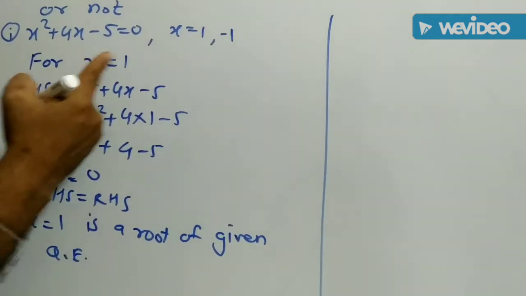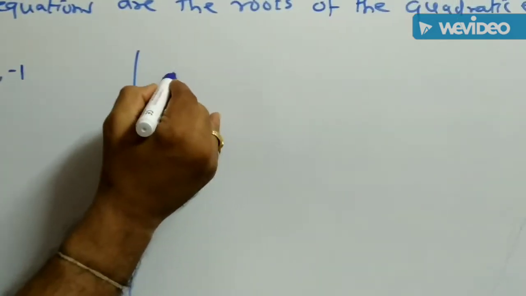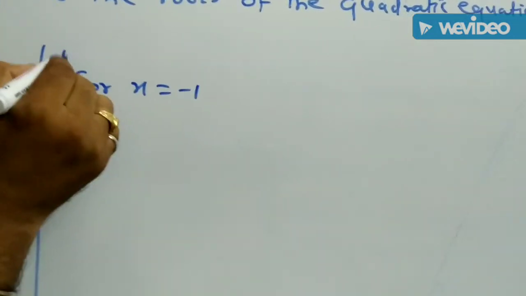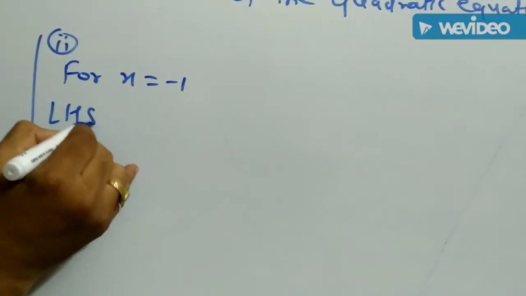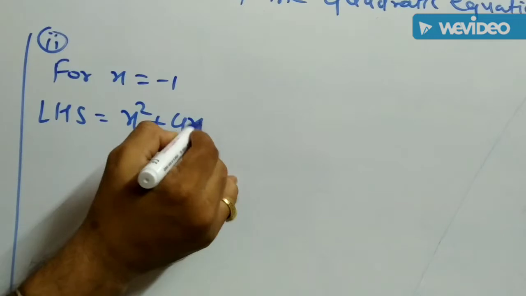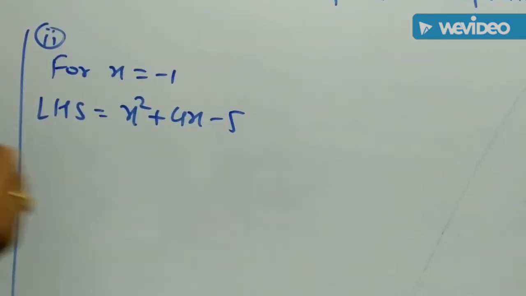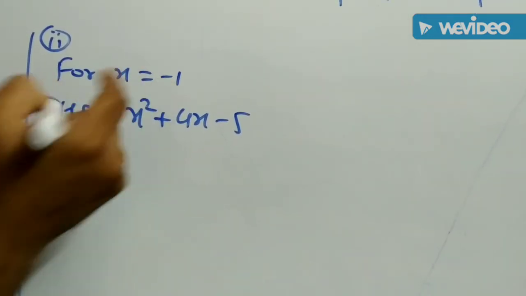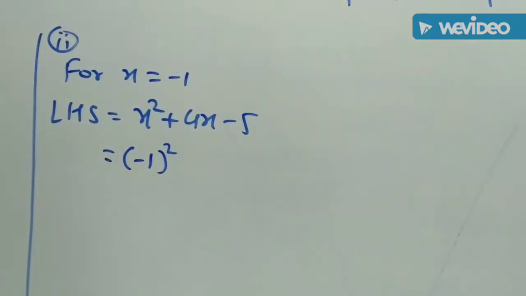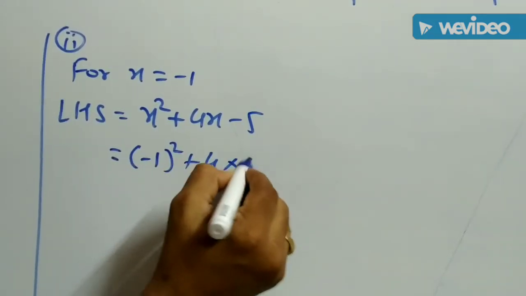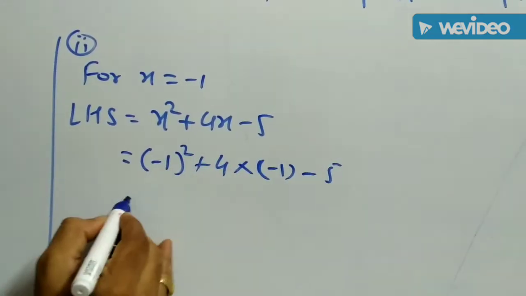Now similarly for x is equal to minus 1, we again take LHS of the given equation x square plus 4x minus 5. Now putting the value of x as minus 1, square of minus 1 plus 4 into minus 1 minus 5.